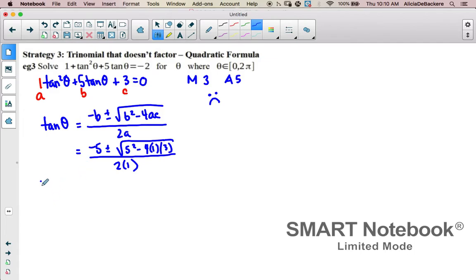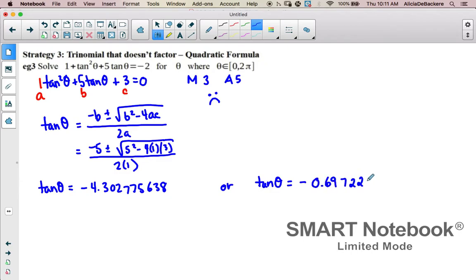I'm going to do the first one with a subtraction in the middle here, and I get the answer negative 4 point. And for the second one, I'm going to type this all in, but with an addition. And that's the decimal I got.